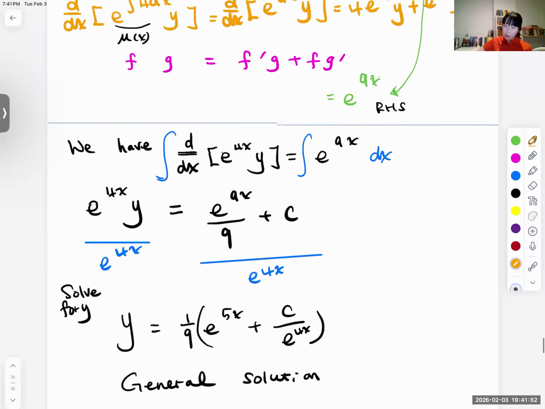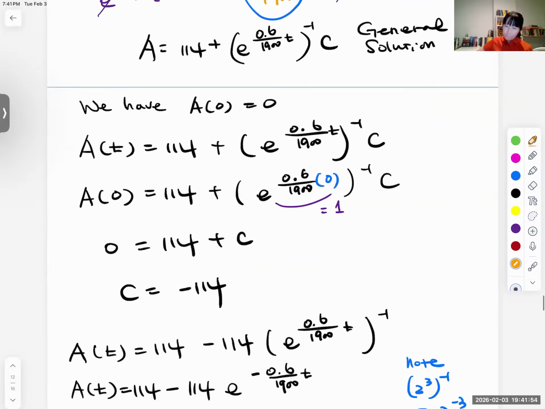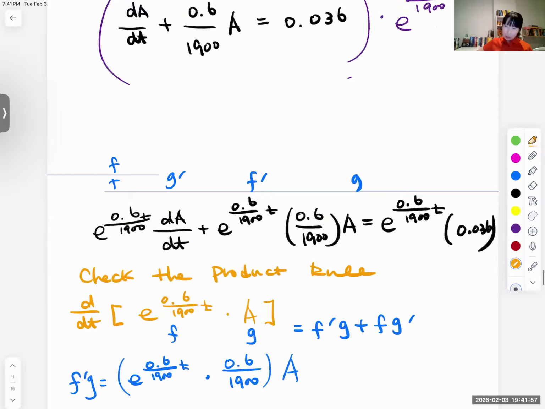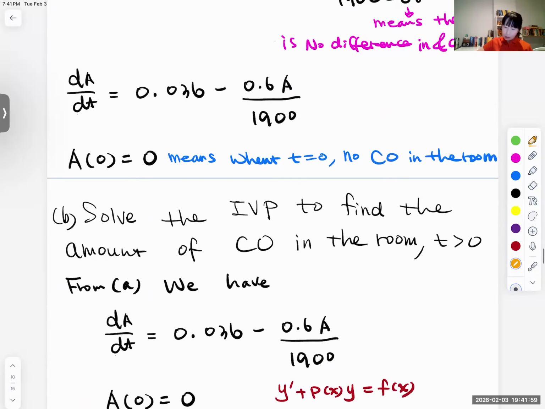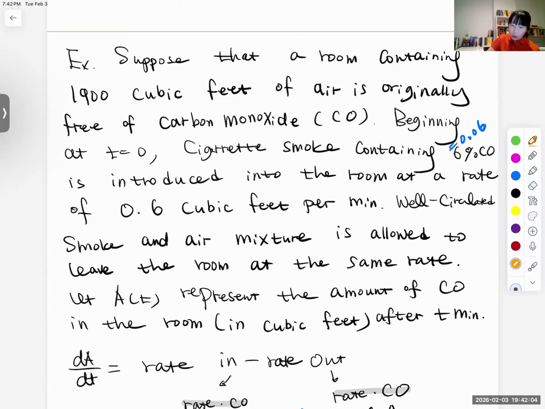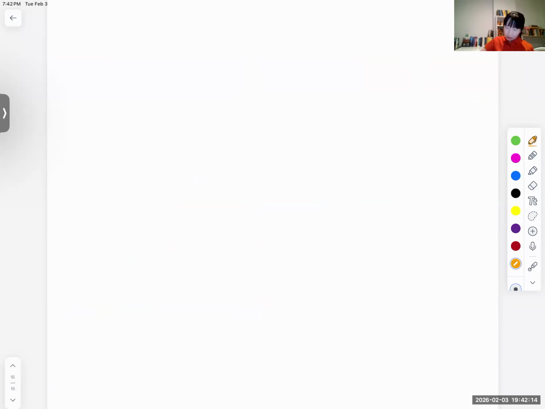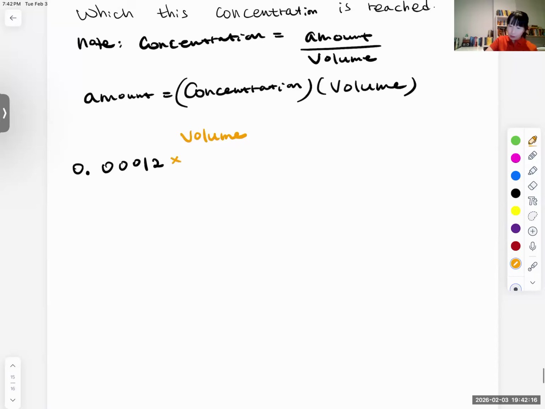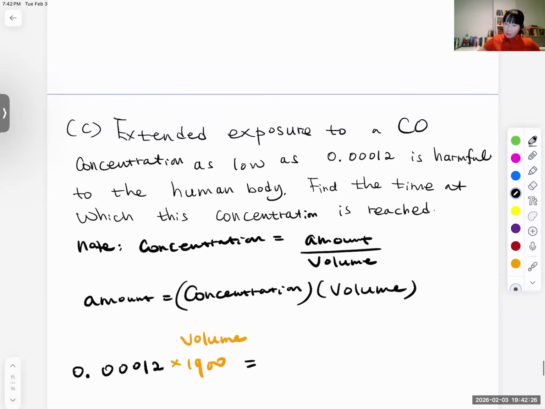So what was the volume in the beginning, right? So the volume is 1900 cubic feet, right? Volume. Okay. So there will be 1900. Okay, right side will be in terms of time, right?